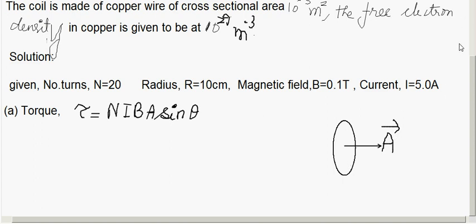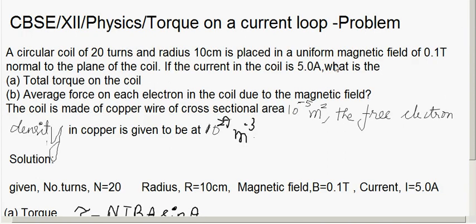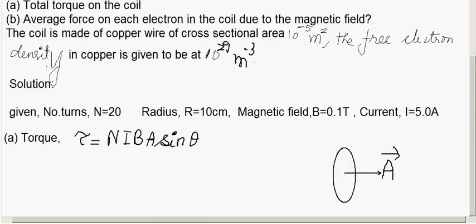Now given that the magnetic field is normal to the plane of the coil, that means it is exactly parallel to the area vector. B will be in the same direction. Therefore from this we can say that the angle between A and B is 0.